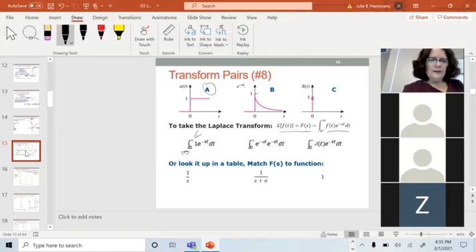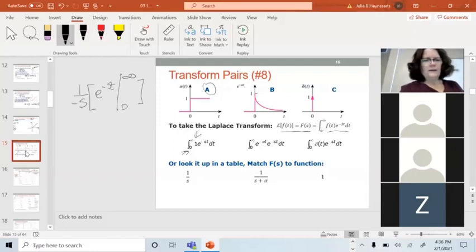So that would be 1 over minus s times e to the minus st evaluated from 0 to infinity. At infinity, e to the minus st is going to be 0.